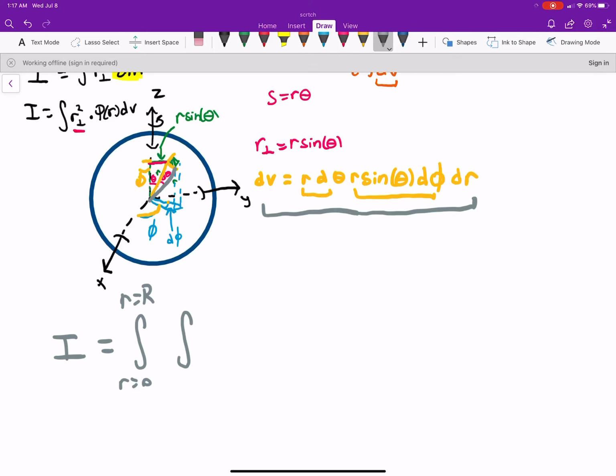Theta, we're going to go from here down to here, so we're essentially getting half of it. In other words, from theta equals 0 to theta equals pi.